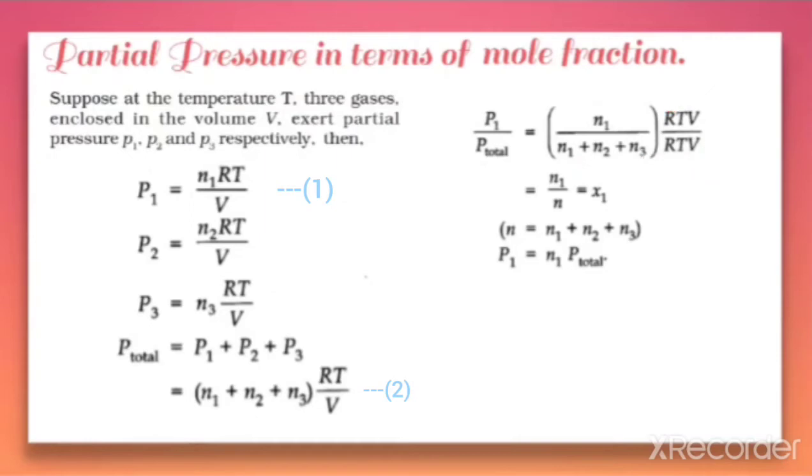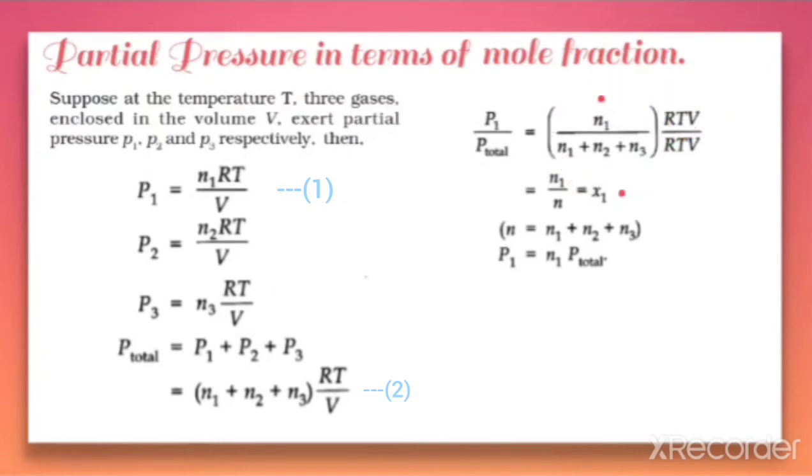So what is remaining now? P1 by P total is equal to N1 upon N1 plus N2 plus N3, because the other part is cancelled. What is this part called? This is the number of moles of the first gas divided by the total number of moles, which is equal to the mole fraction, what we have learnt in the first chapter.